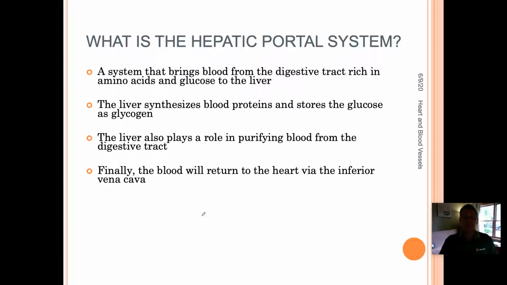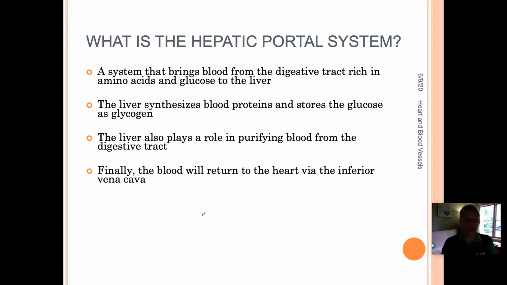All right, myocardial infarctions, which is the fancy word for heart attack, are caused by blockages in these arteries. Now, in the last video, I mentioned the hepatic portal system. And this is a system that is designed to bring blood from the small intestine, the digestive tract, which has a great deal of amino acids and sugars in it. And it carries that blood directly from the small intestine to the liver. The liver takes the blood.